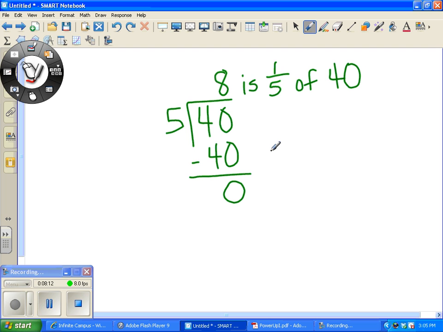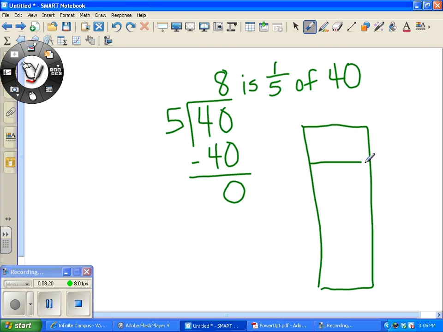How could we draw a pictorial representation? Well, let's draw 1/5, and remember, I like to use rectangles. And let's try to make those fifths about the same size. Pretend that mine are the same size. And let's say this is 1/5 of the entire group, and we said that it was 8.